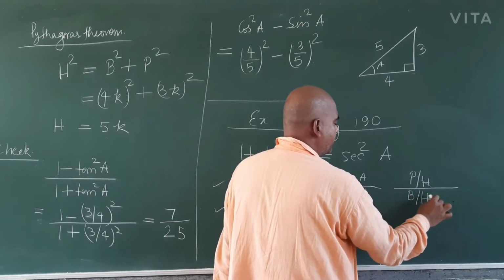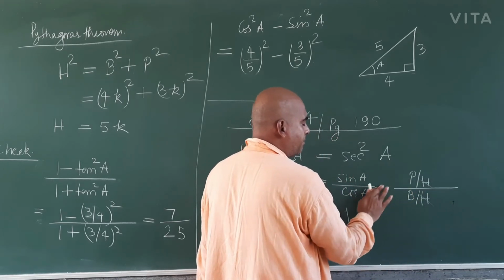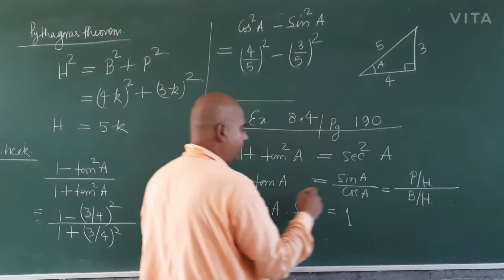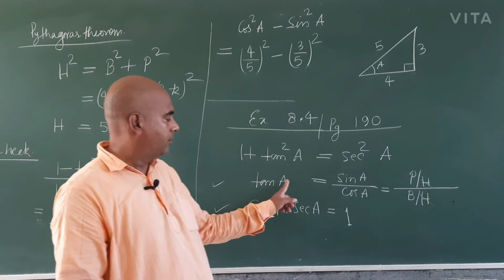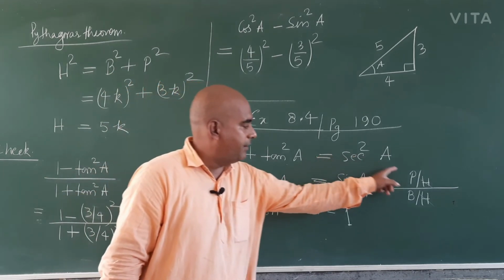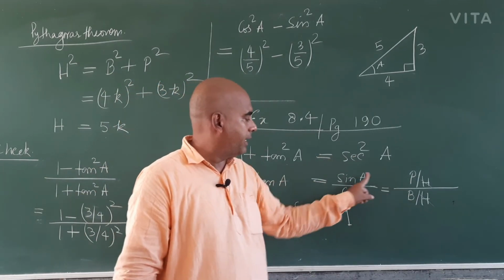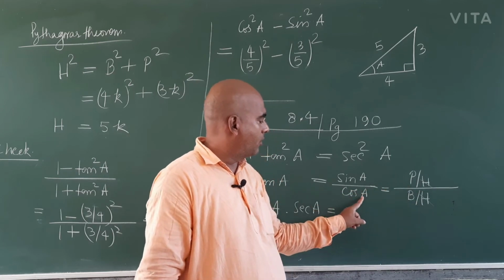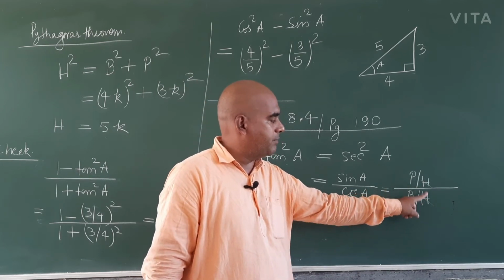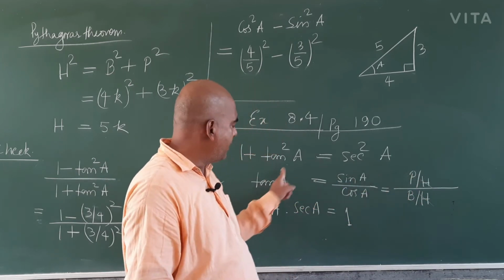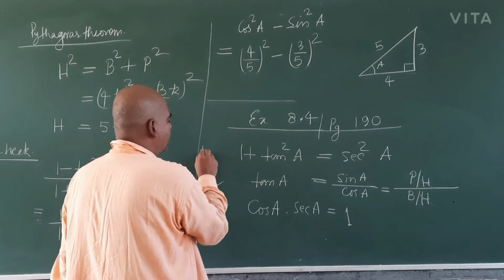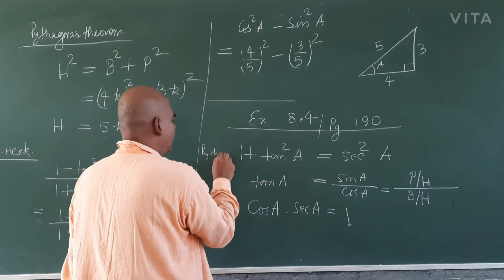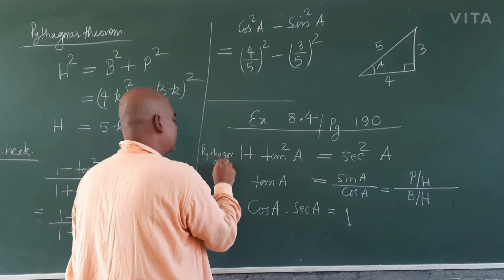So this hypotenuse will be cancelled, and P by B, that is tan A. This is the tan A definition, P by B. You write sin A as P upon H, cos A as B upon H. So H will be cancelled, P by B will be tan A. So this is also from the definition, and this is from the Pythagoras theorem.